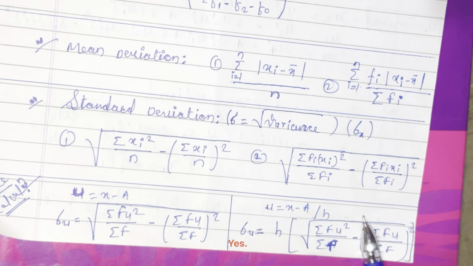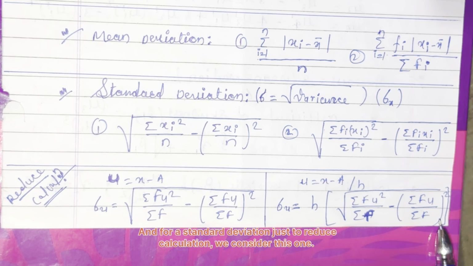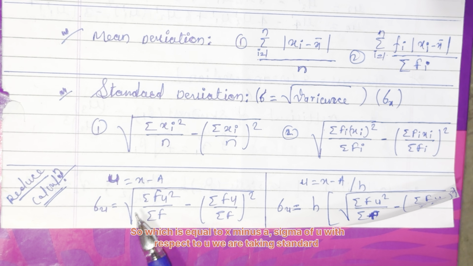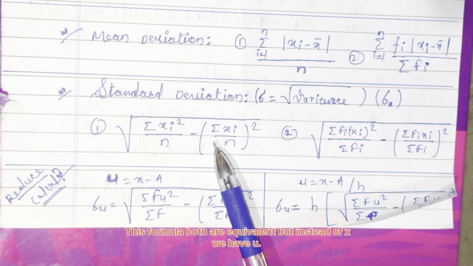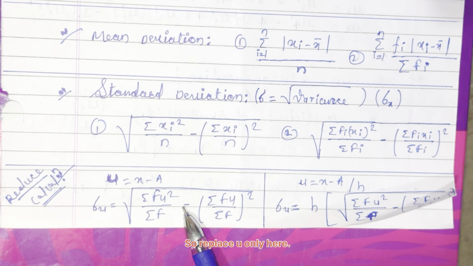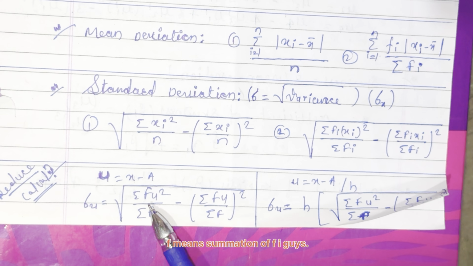For step deviation, just to reduce calculation, we consider u equal to x minus a. With respect to u we are taking the standard deviation. Both formulas are equivalent, but instead of x we have u, so replace x by u here. Fi remains. F means summation of fi, guys.